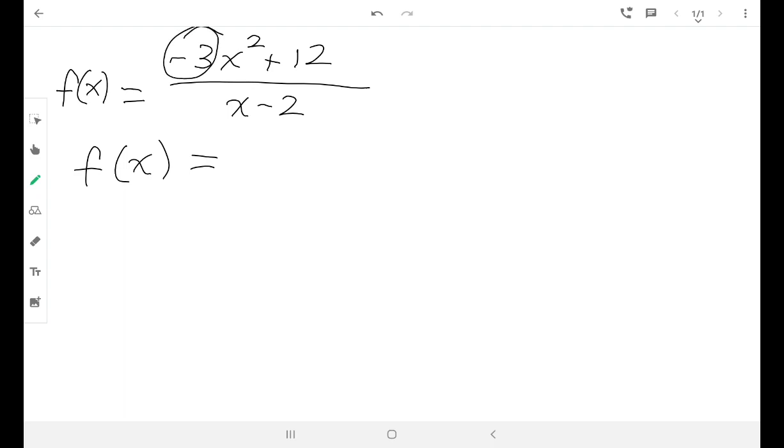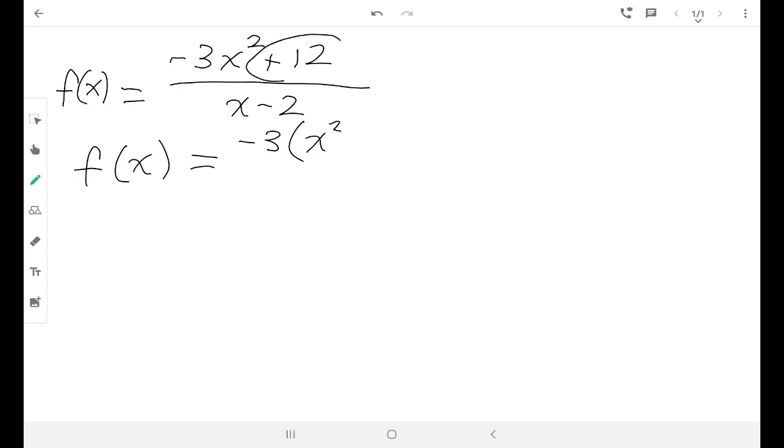First of all, I'm going to take that negative 3 right there and factor it to the front of this. If I factor it out of this part, that'll just give me a positive x squared.